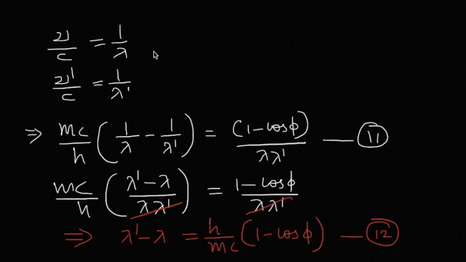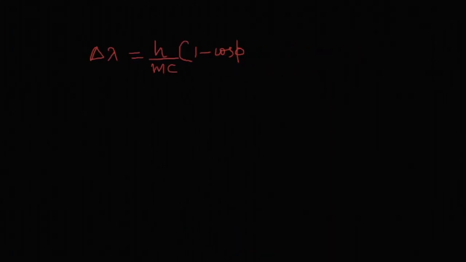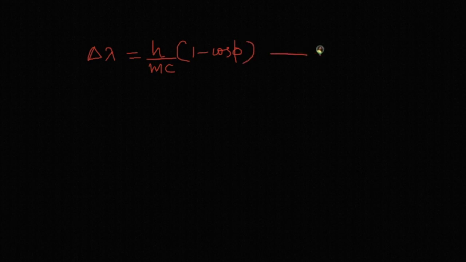So this equation may be shortened as delta lambda, which is lambda prime minus lambda, equal to h by mc into 1 minus cos phi. So this is equation 13 and represents the Compton effect.